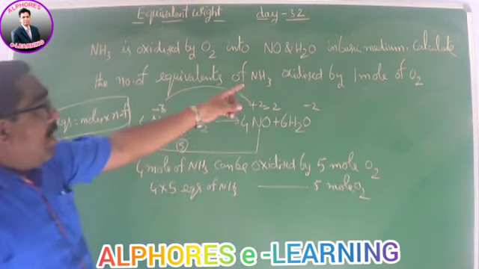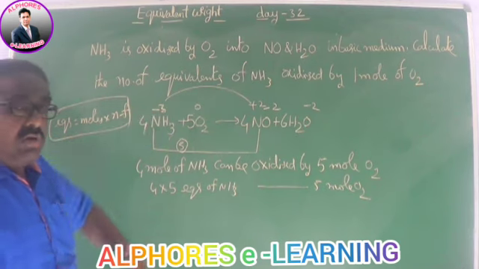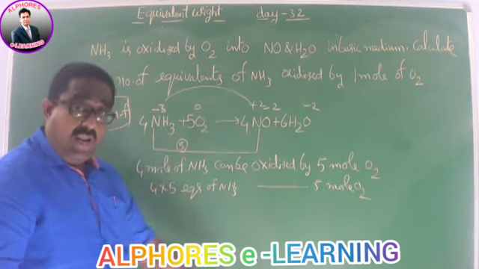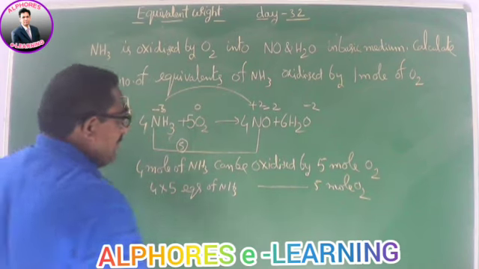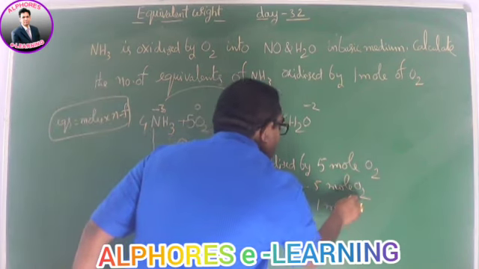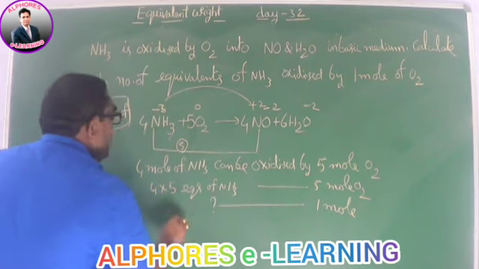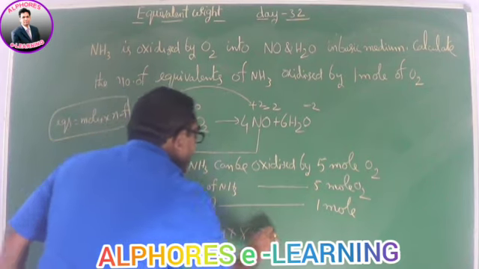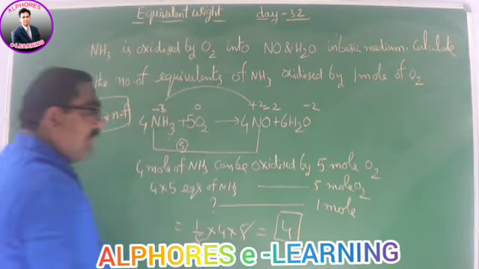But this time, how many moles is he giving you? For the calculation, he is asking for only 1 mole of oxygen. Let me write 1 more here, then the value is 1 by 5 into 4 into 5, that is, our answer is 4.